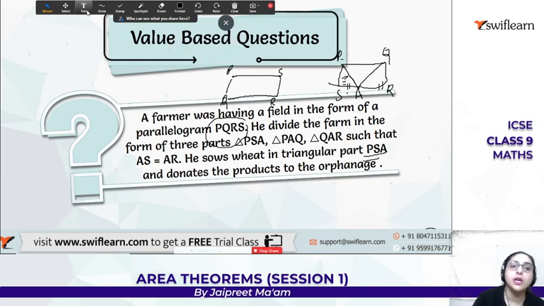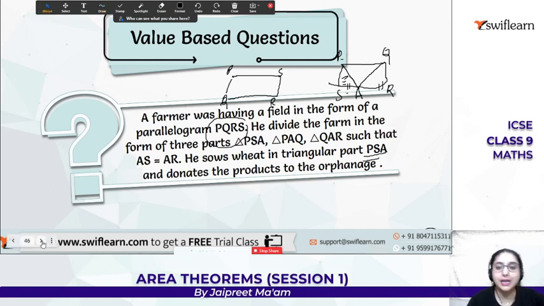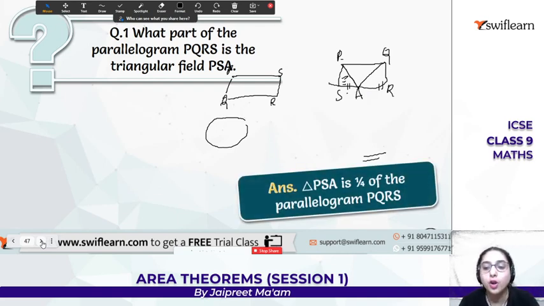We have learned that triangles on the same base and between the same parallels are equal in area. When the base of the parallelogram and the triangle is the same and between the same parallels, then the area of the triangle is half the area of the parallelogram. So here it will be a quarter because we have 3 triangles.